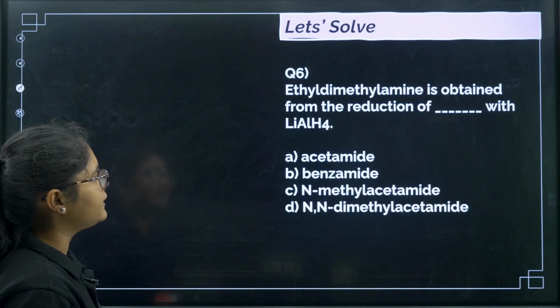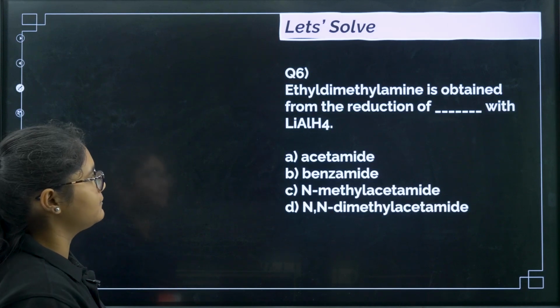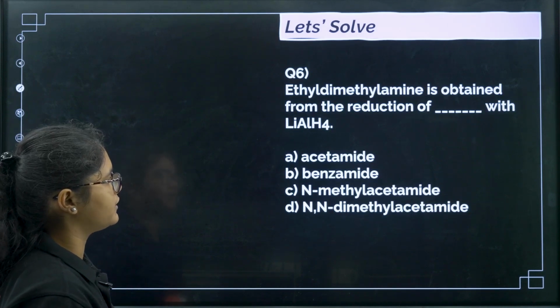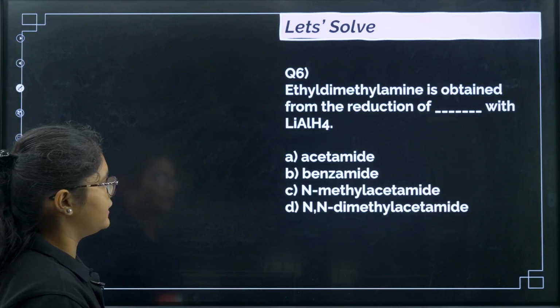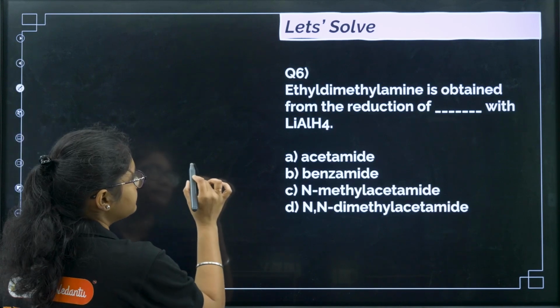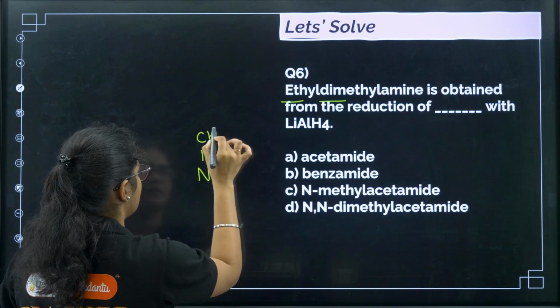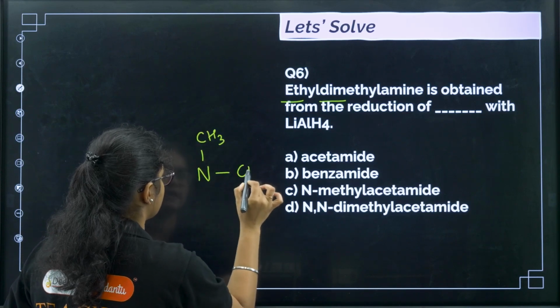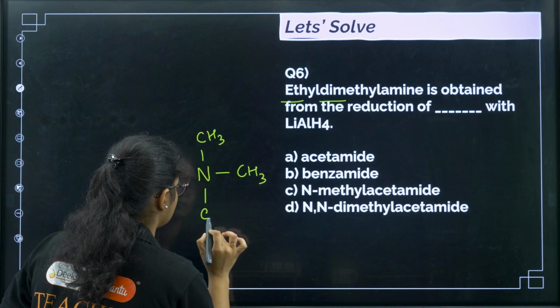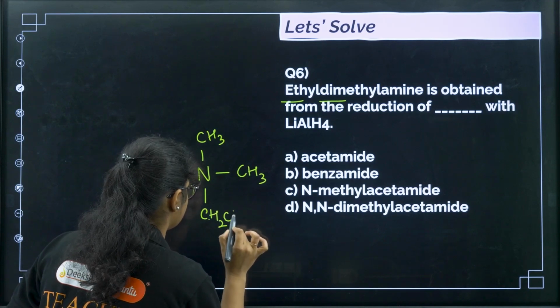Next, ethyldimethylamine is obtained from the reduction of dash with LiAlH4. So we need to obtain ethyldimethylamine. That means you have methyl on one side, methyl on the other side, and then you have ethyl.